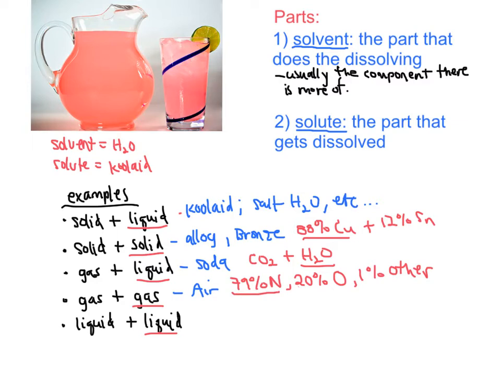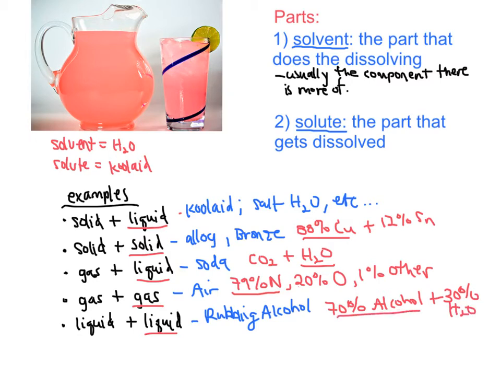And then a solution of a liquid dissolved in a liquid could be something like rubbing alcohol. When you go to the grocery store and you buy a bottle of rubbing alcohol, what you have is about 70% isopropyl alcohol and about 30% water. So that makes, of course, your 70%, the alcohol, your solvent.